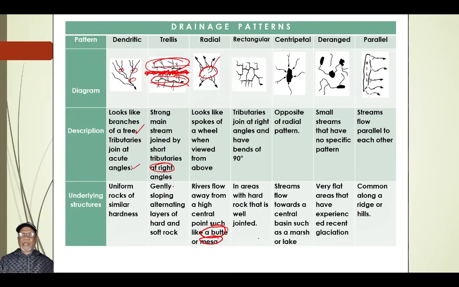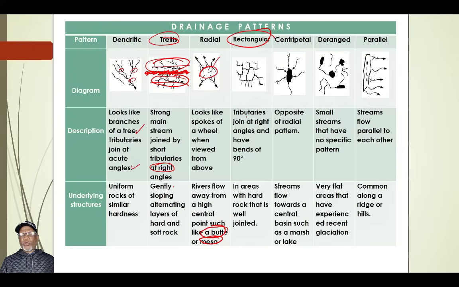As the name says, rectangular, the tributaries join at a right angle. So with the rectangular pattern together with the trellis pattern, what is similar with them? The similarity between the rectangular pattern and the trellis pattern is that tributaries join the mainstream at a right angle. But now we're looking at the characteristics of the rectangular pattern.